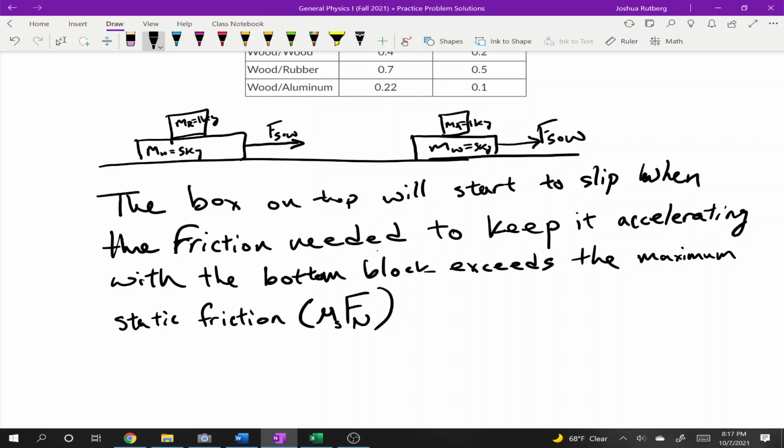And that is our equation for the maximum static friction. So this is what's going to happen. The box on top will start to slip when the friction needed to keep it accelerating with the bottom block exceeds the maximum static friction.